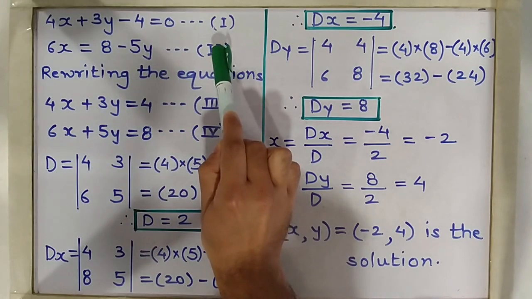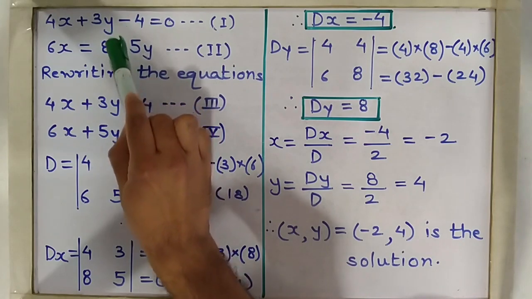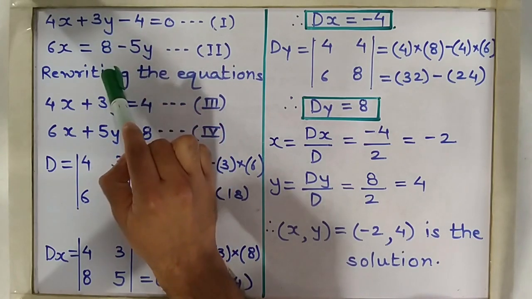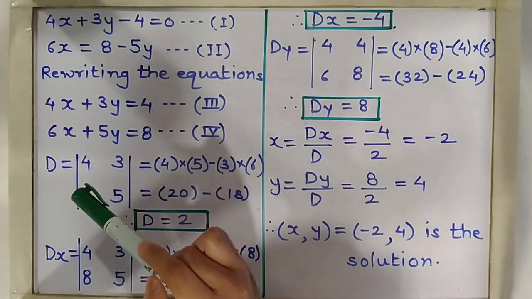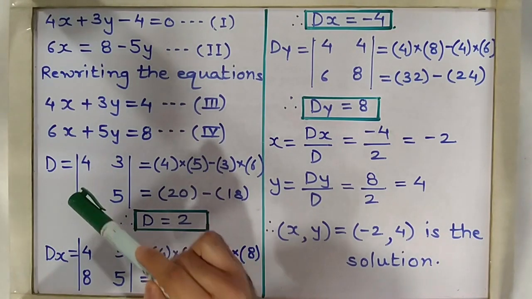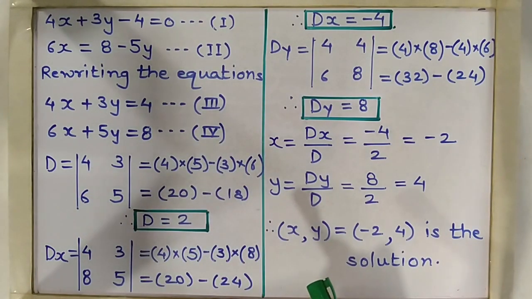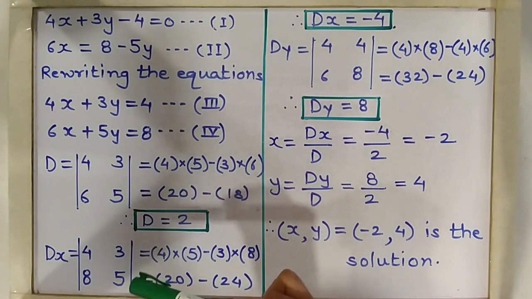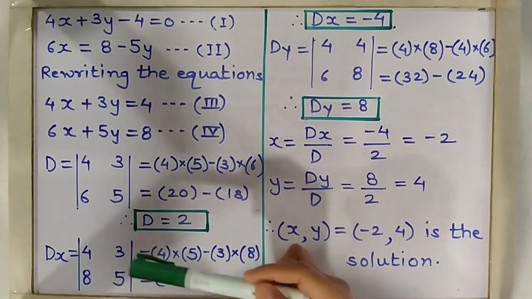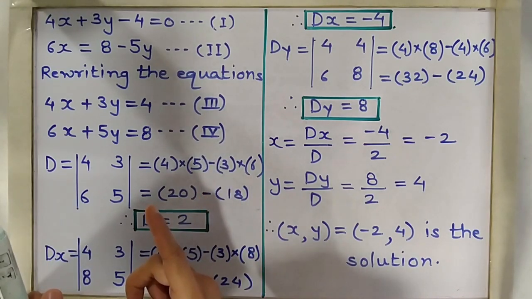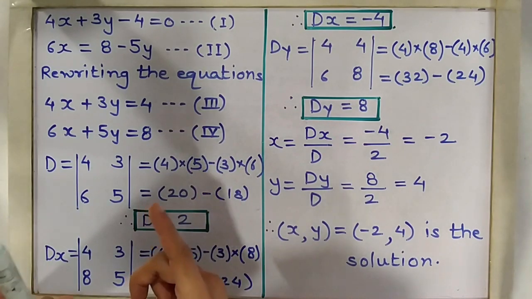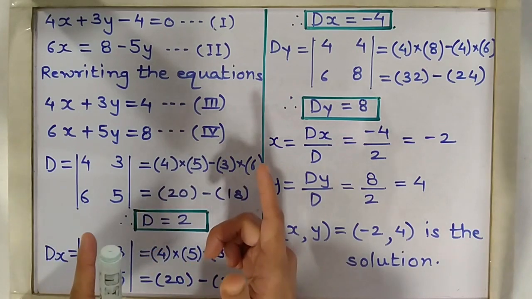In second equation the variable term minus 5y is on right hand side of equal to sign. In my earlier video I had told you, while we are solving linear equations in two variables using Cramer's rule, the variables will always be on left hand side of equal to sign and constant will be on right hand side.